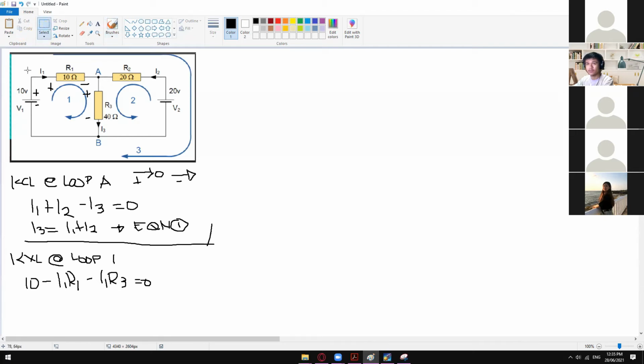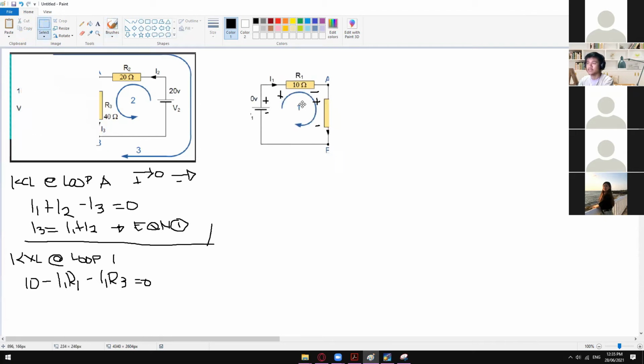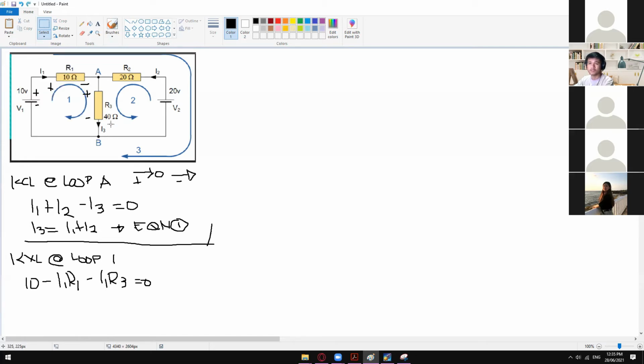That's why I separated this one a while ago on the other side. So you can just focus on the left side part instead of looking at both loops. Just focus on loop 1 since you're dealing only with loop 1.